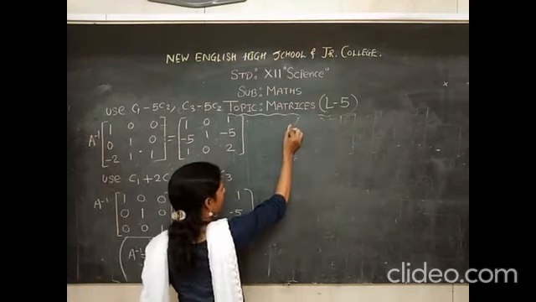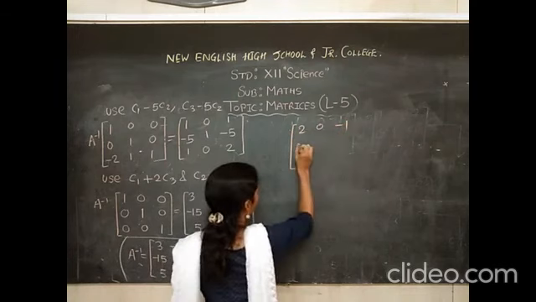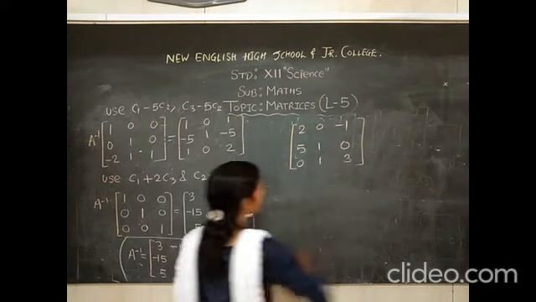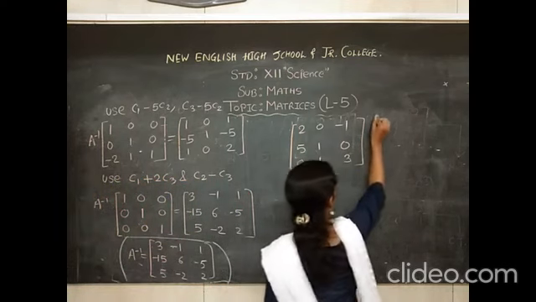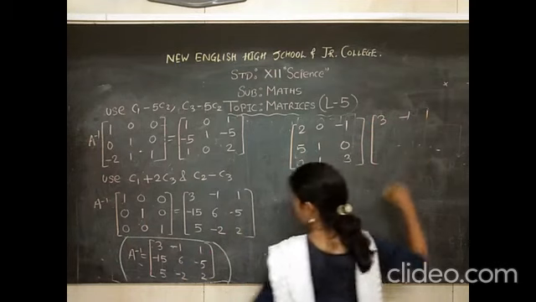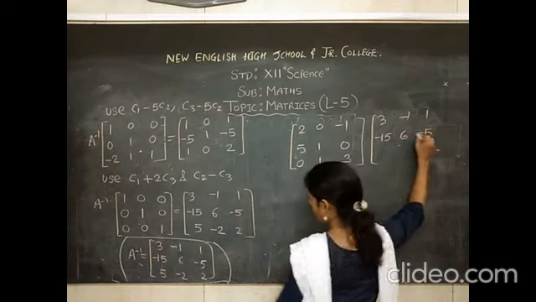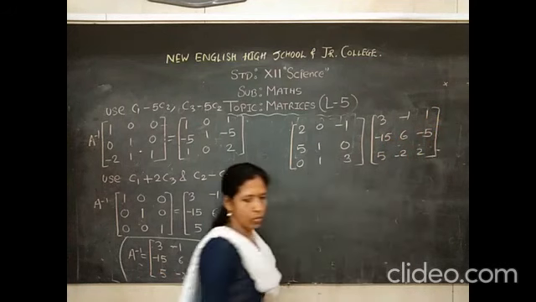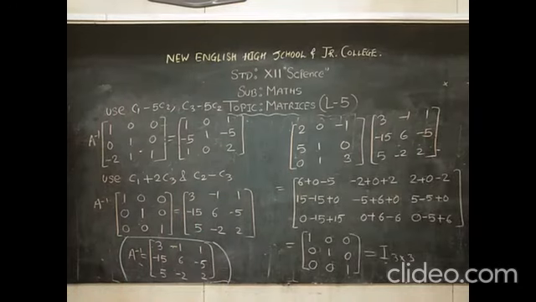Our matrix A was 2 0 minus 1, 5 1 0, 0 1 3. Multiply this matrix with this A inverse: 3 minus 1 1, minus 15 6 minus 5, and 5 minus 2 2. Please check it out whether you are getting or not.